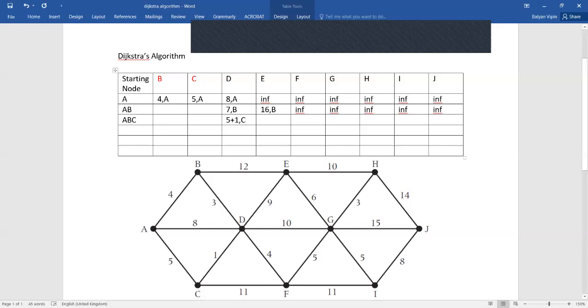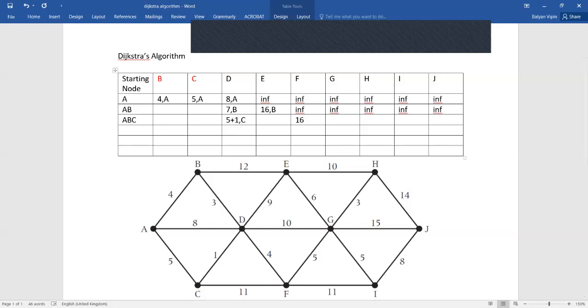Now C is connected to F and A. So we are not going to look at nodes which we already used for the purpose of reducing. Then there is no connection between C and E, so it will remain same. Here C to F. What is the cost between C and F? It's 11. And to reach C it's 5.